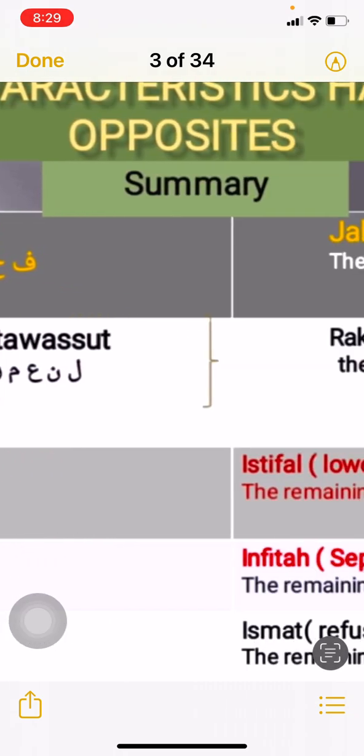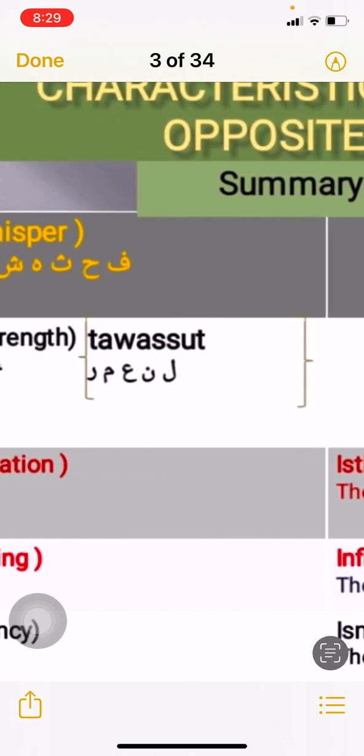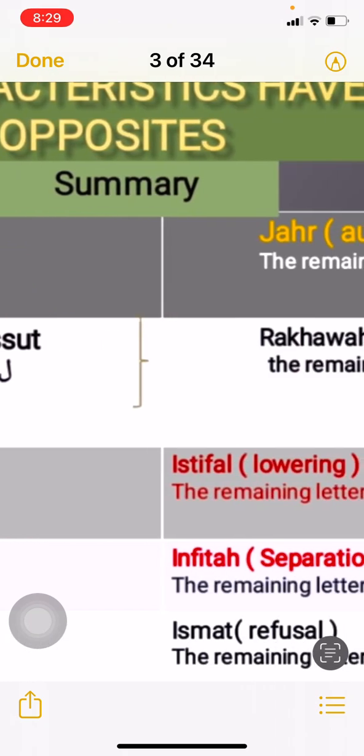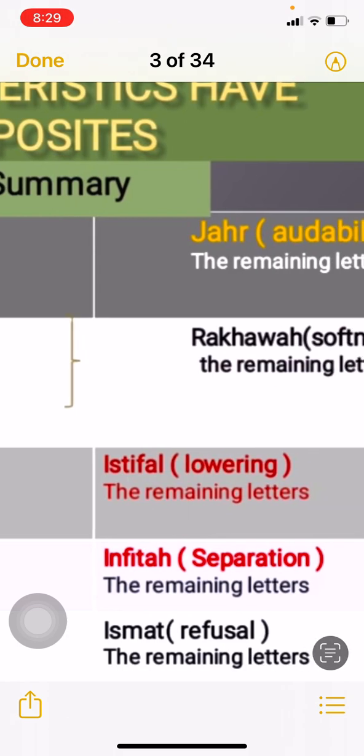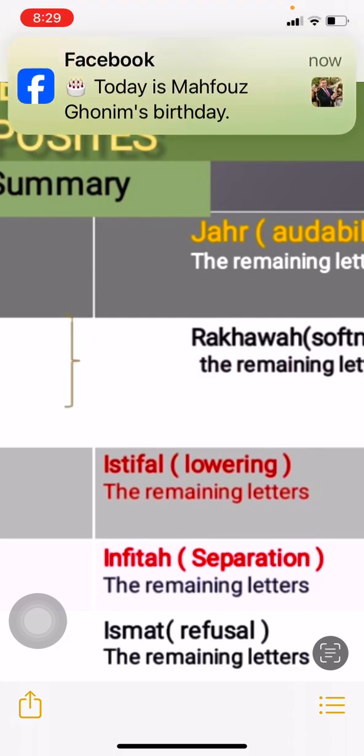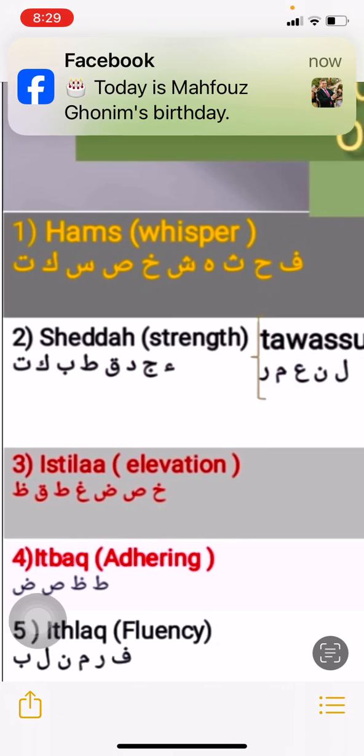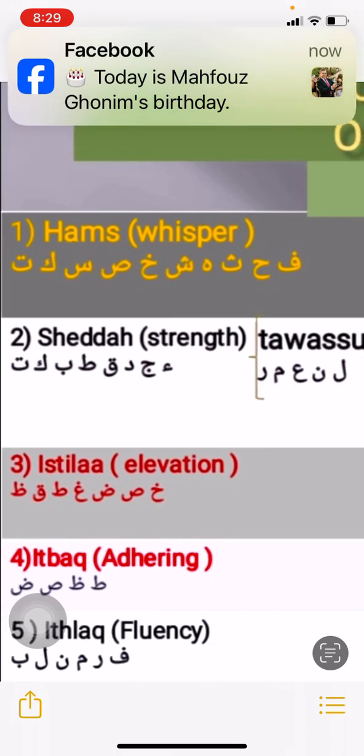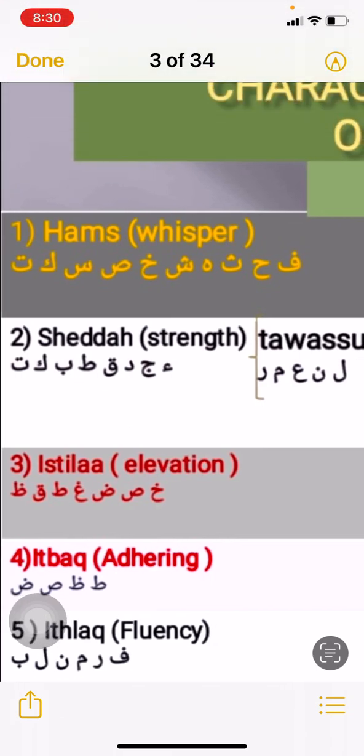We have to notice here that غين, خاء and قاف are استعلاء and انفتاح, while طاء, ظاء, صاد, ضاد have استعلاء and إطباق.